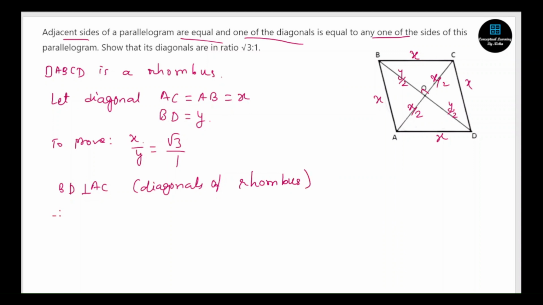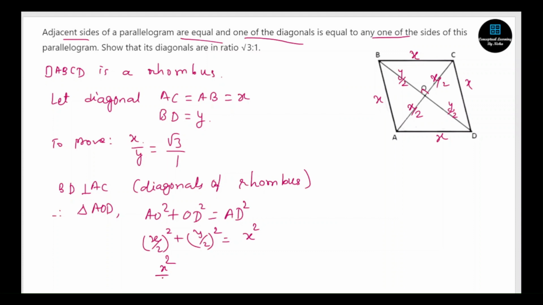And therefore what I can say, triangle AOD. If I take triangle AOD, then yes, AO square plus OD square equals AD square. We apply the Pythagoras theorem. Now AO is X by 2 plus OD is Y by 2 and AD is X. Okay, and now if we simplify this, so what do we get?